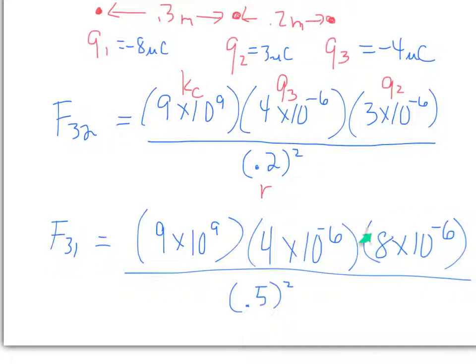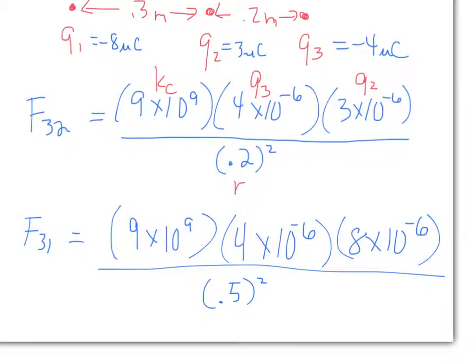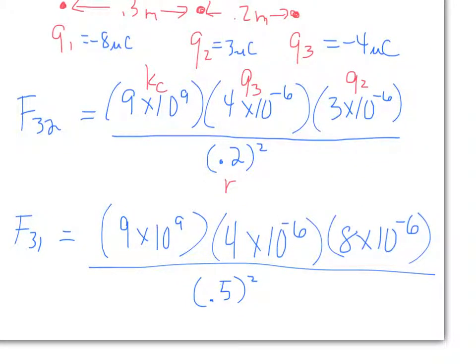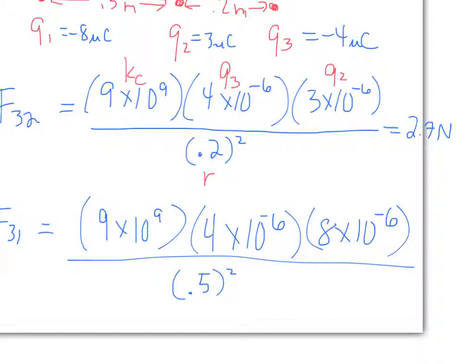So this is the charge on particle 1. We need to calculate these numbers. I'm going to give you the numbers for the sake of time. F32 turns out to be 2.7 newtons. F31 turns out to be 1.2 newtons.